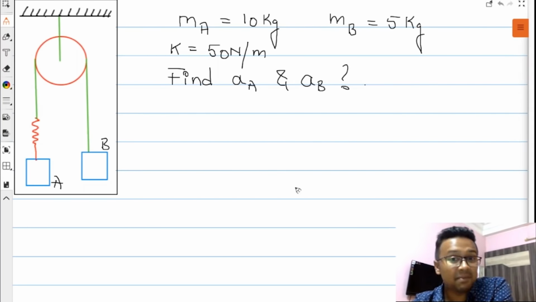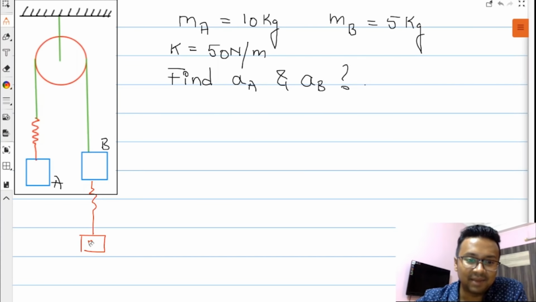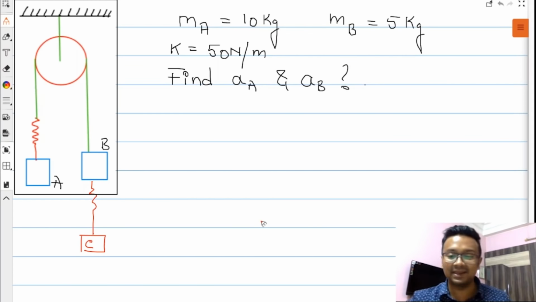Okay, so I can extend this to so many different cases. I can have a spring here, and I can attach another block, say my block C, and then I can compare the acceleration of all these blocks.